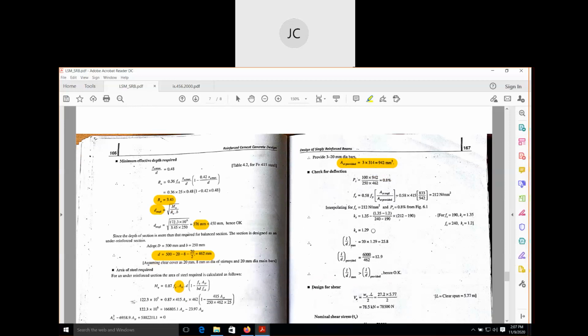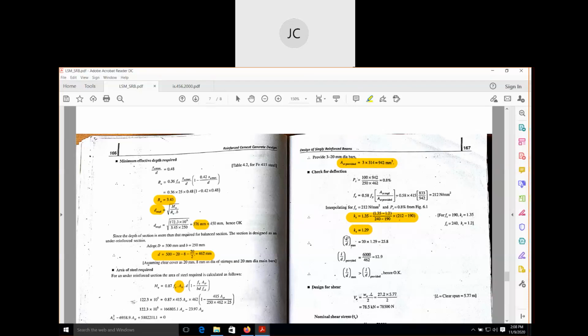Yes, it will be 1.29. This is the interpolation method by which we can find it out. So we have got the modification factor this much.